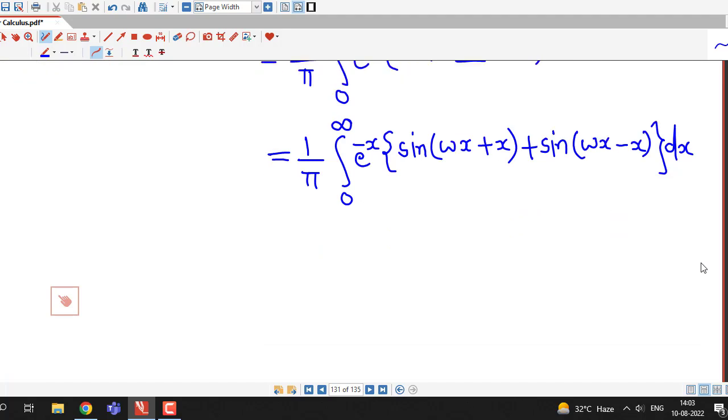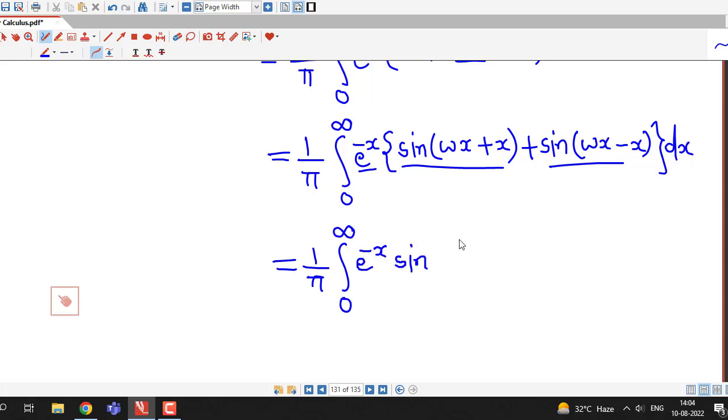to x. And now we can rewrite this as integral of sum of these two functions. We will consider this e raised to minus x in the multiplication, and we will have integral of e raised to minus x sin omega x plus integral of e raised to minus x sin omega x minus x, and that we are separating. We are rewriting this as 1 over pi integral from 0 to infinity e raised to minus x.